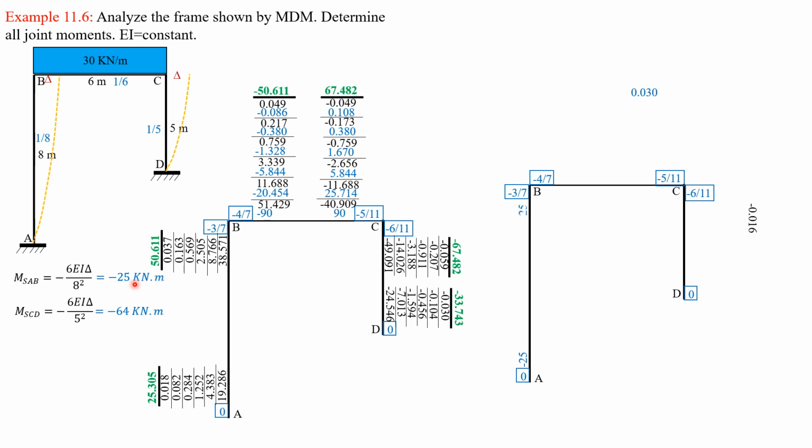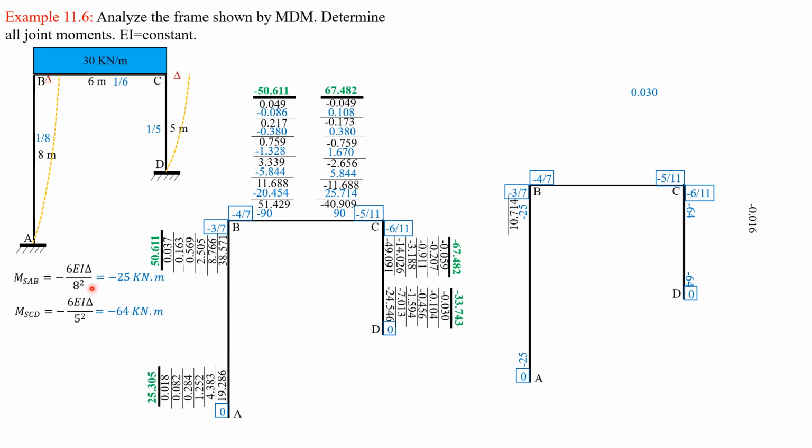Actually, you can reduce the side sway moment in AB to negative 12.5, and make this negative 32. If you multiply this by 2, make this negative 50, then you can make this negative 128, as long as the values are in the same proportion.